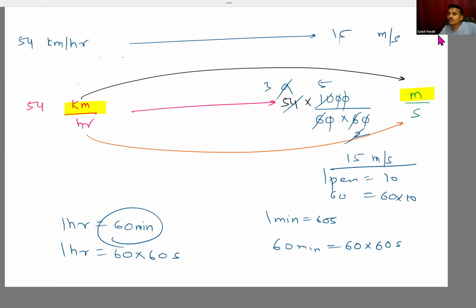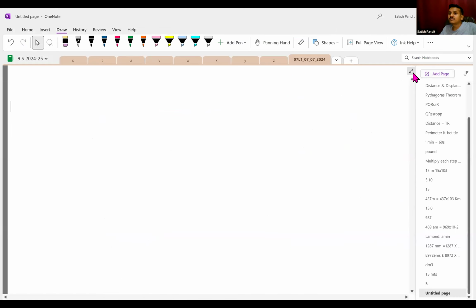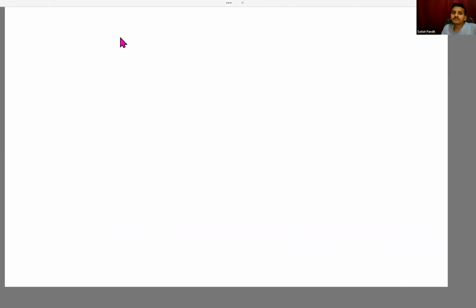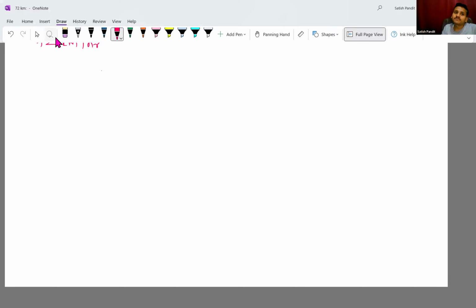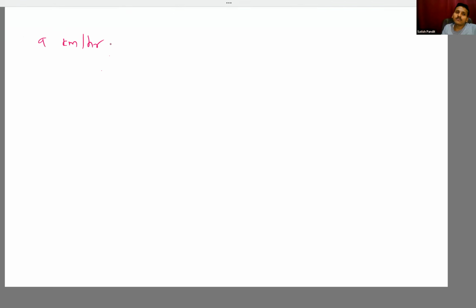Let us do a few more questions. We'll get more confidence. Suppose I have 72 kilometer per hour, or maybe I'll take 90. I will take 90 kilometer per hour and I want to convert it into meter per second. So how do we do it?